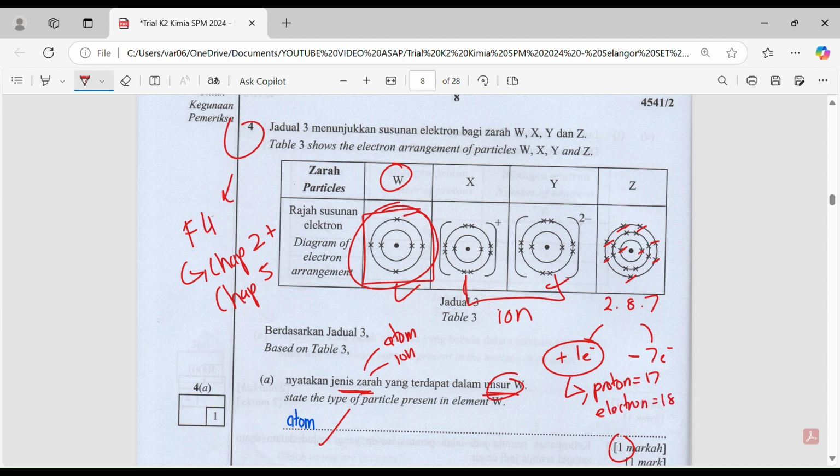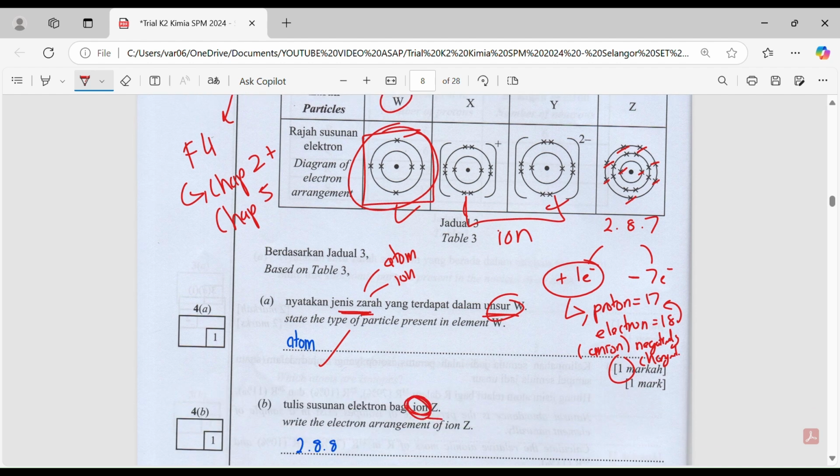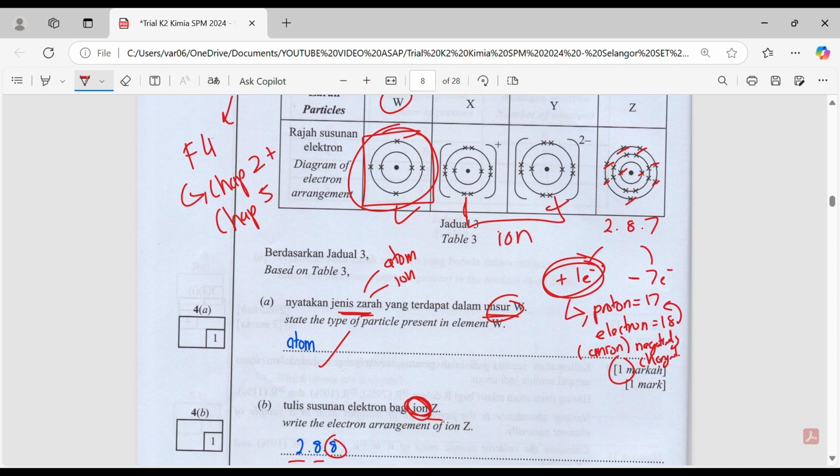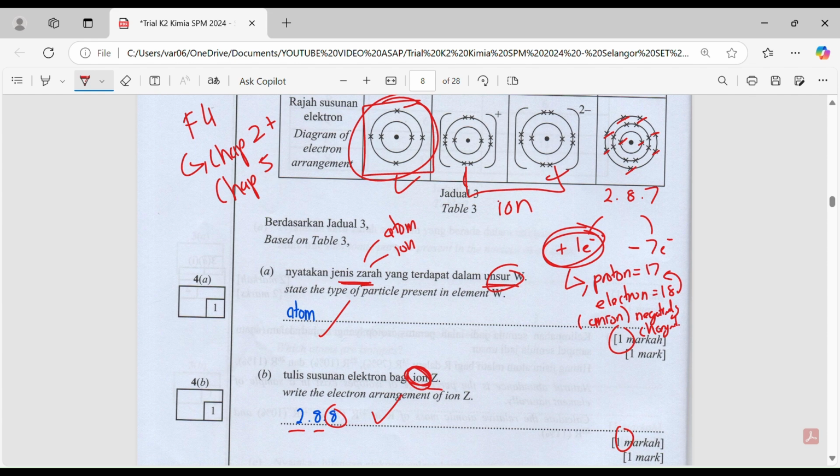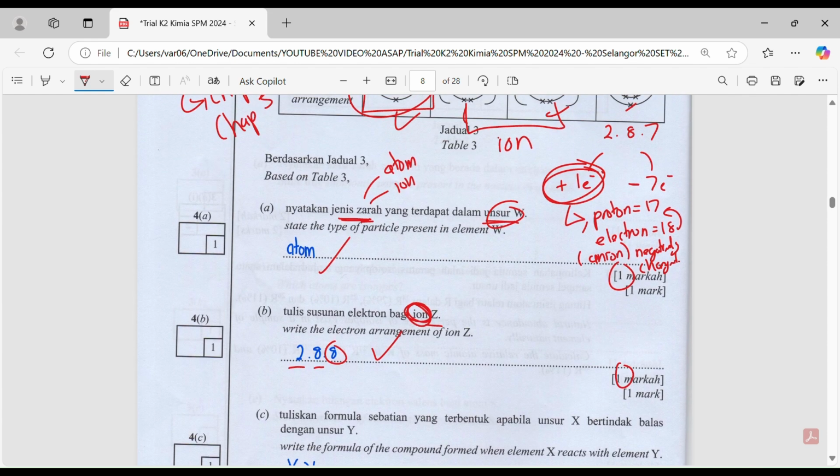Electron number will be 18. So the electron number is more compared to the proton number. In this case, it will be an ion, negatively charged. Right? So write the electron arrangement for ion Z: 2, 8 and 8, right? Atom Z gained another 1 electron. Okay, then easy 1 mark.